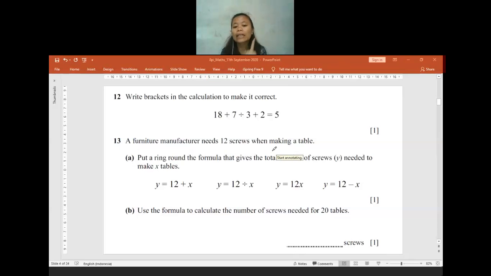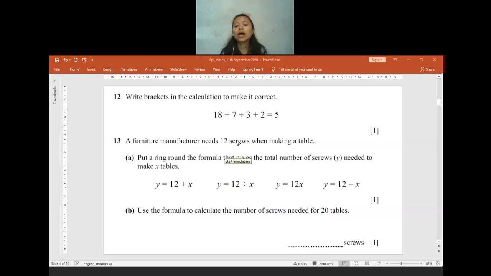So we know one table needs 12 screws. Which equation is it? Is it y equals 12 plus x, or y equals 12 divided by x? Anyone who already tried it at home, maybe you can tell me the first, second, third, or fourth equation.